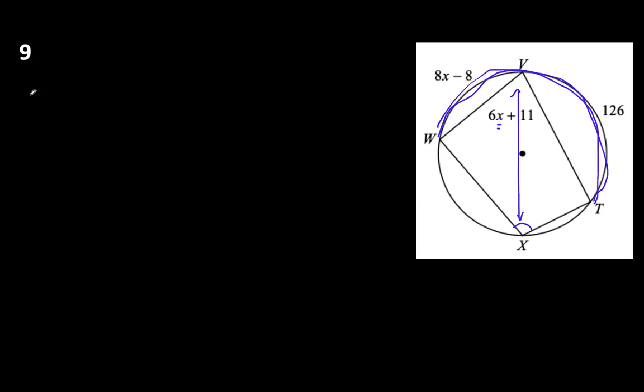So for us to solve for this, angle WXT is equal to half of the arc WVT. Again, half of the intercepted arc is equal to the inscribed angle.